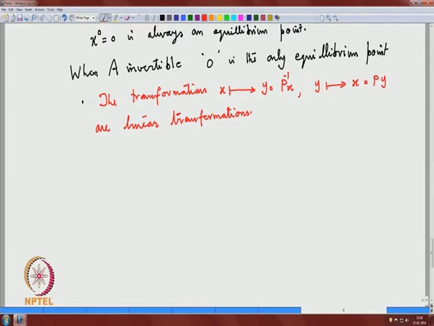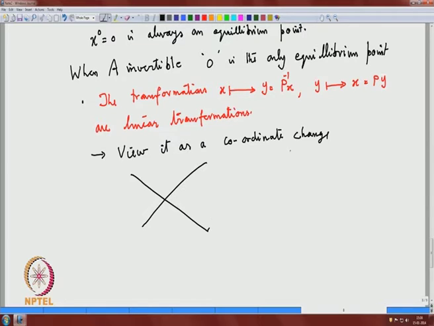Because it is a linear transformation, you can view it as a coordinate change. So when you have some coordinates, you will be looking at two coordinate changes, either x going to y or y going to x. You can see that if this is y1, y2, you will have a coordinate change to x1, x2.